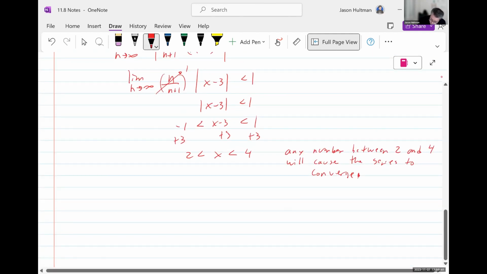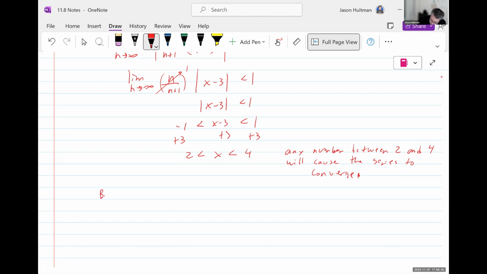But, and here's the big but, what about what happens at the endpoints? At 2 or 4, what happens? Well, let's see.